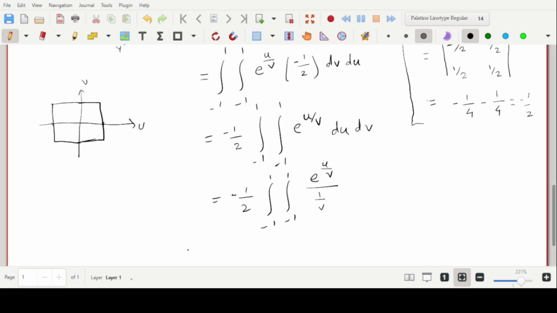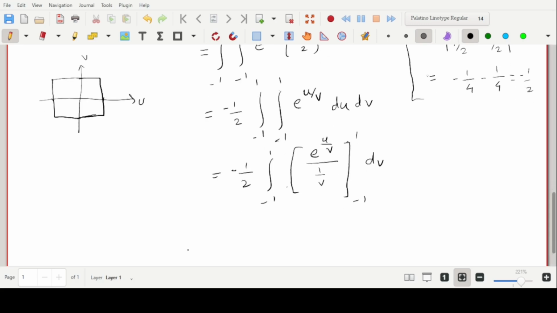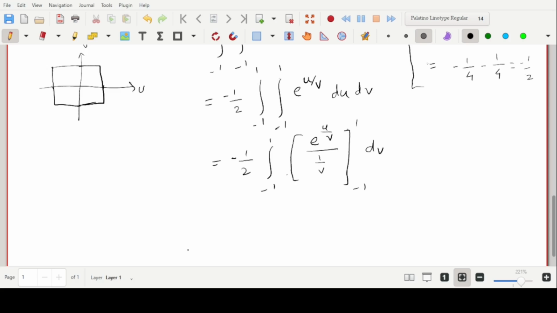This is the integral, and the integration is over, so we shall write it in this way, negative 1 to 1. These are the limits of integration. And so here again we see the power of changing the order of the integration. It hasn't solved our problem as yet, but at least it has helped us to go one step ahead.